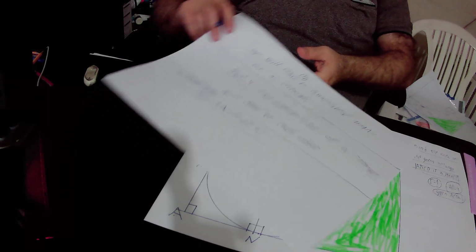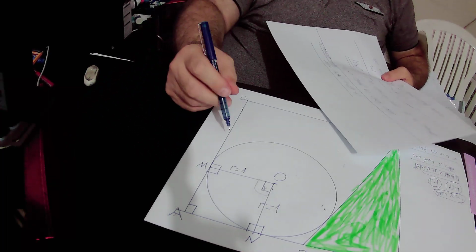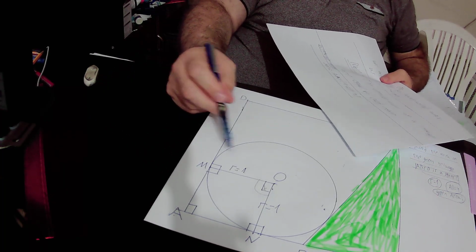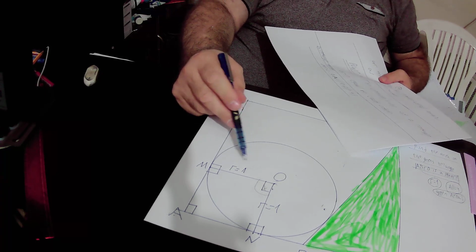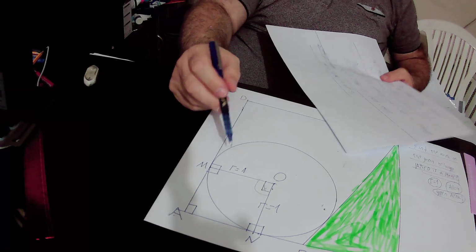But it is given in the question that MO is the radius of the circle and it equals 1 unit.